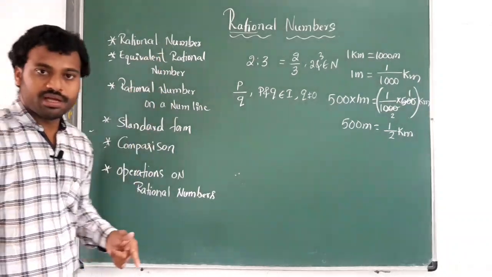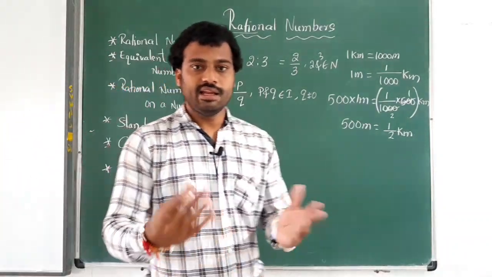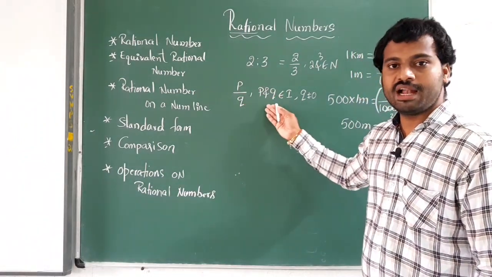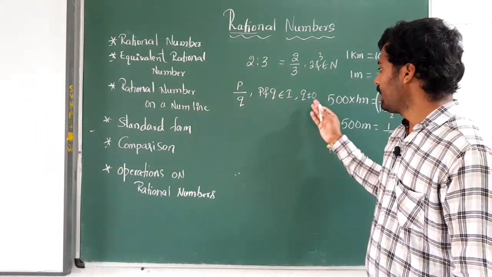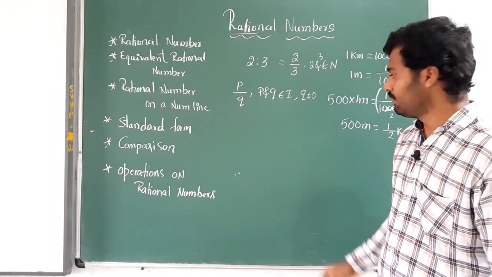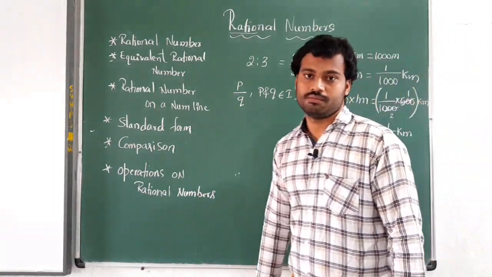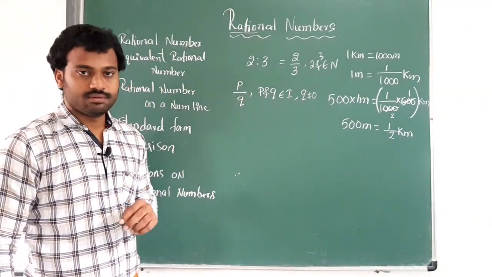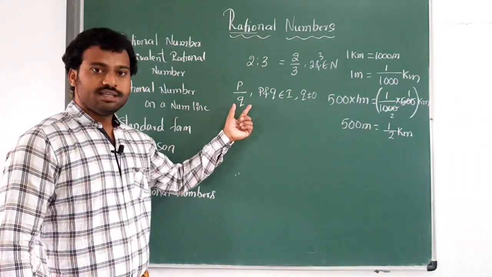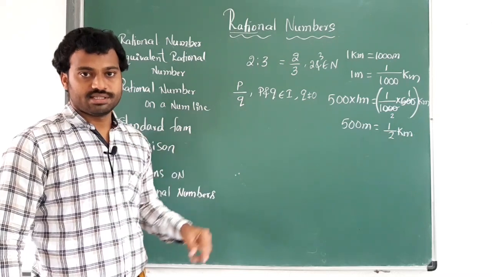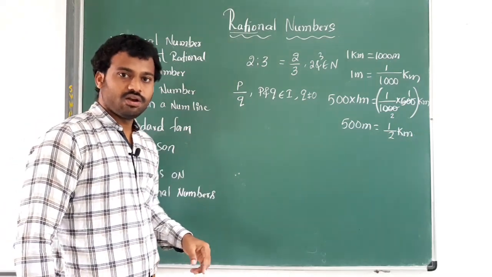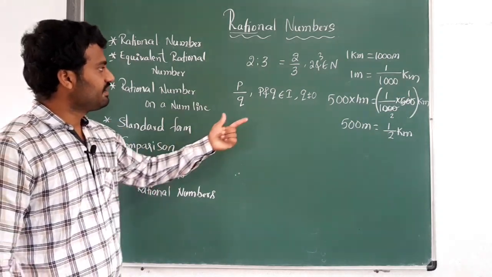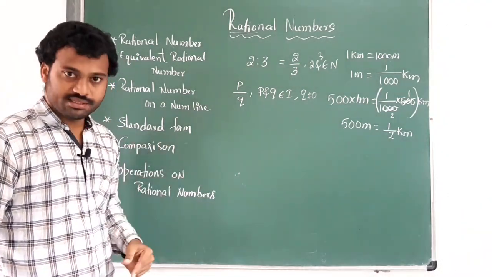What is a rational number? Any number defined in the form of p by q, where p and q belong to integers and q is not equal to 0. Very important: q is not equal to 0. It is called rational numbers. This is the definition of rational numbers.